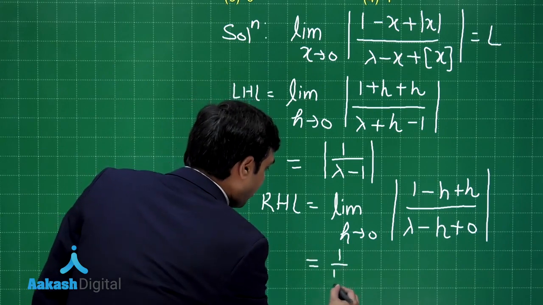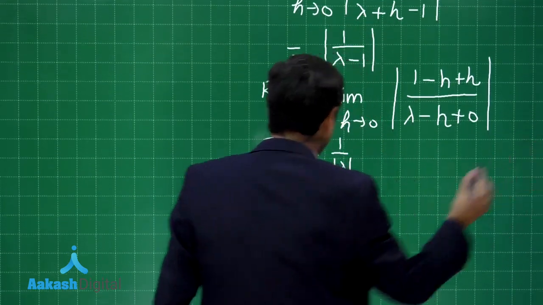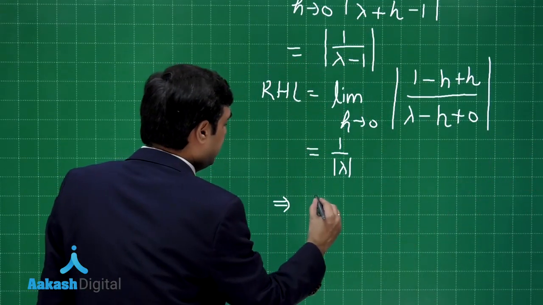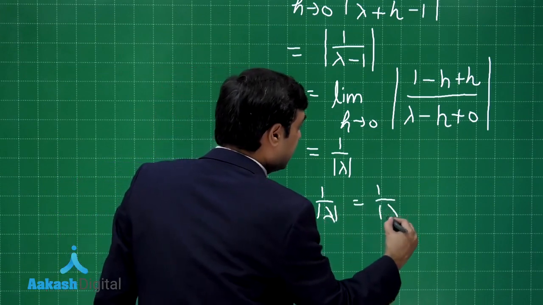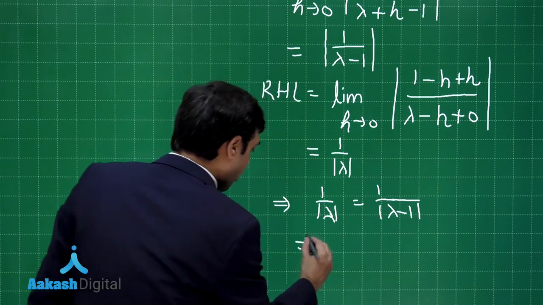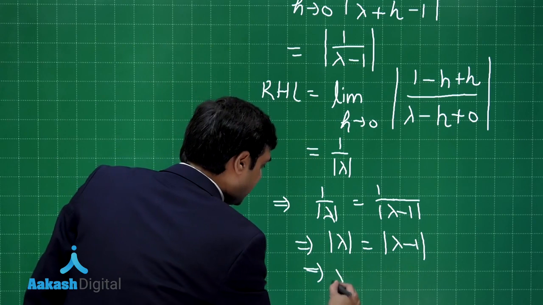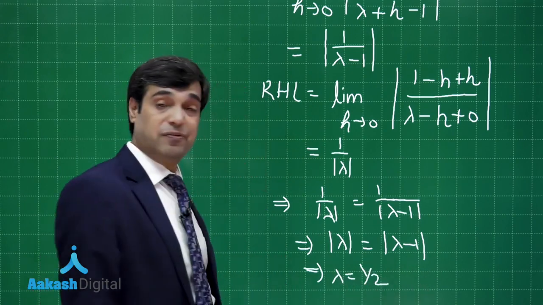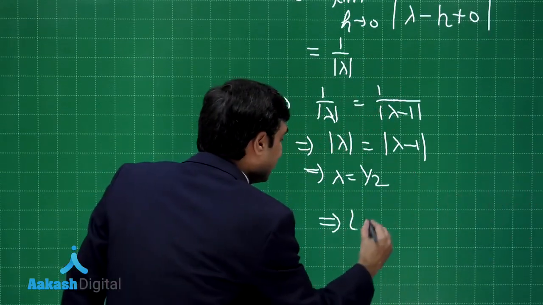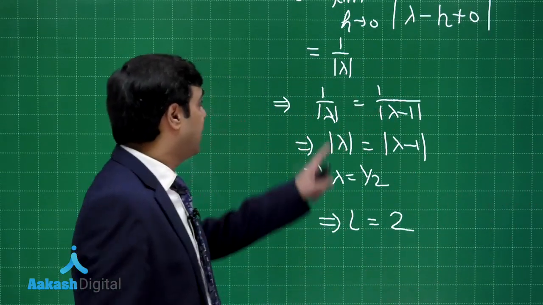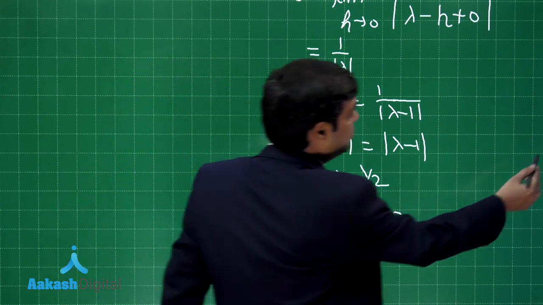Applying the limit, this is 1 upon mod lambda. Since the limit of the function exists and is equal to L, we have 1 upon mod lambda is equal to 1 upon mod lambda minus 1, or mod lambda is equal to mod lambda minus 1. Eliminating modulus, we get lambda is equal to half. So the value of lambda is half. So what will be the value of L? Clearly L is 2, because here we have 1 upon mod lambda. So lambda is half, giving you the value of L as 2.